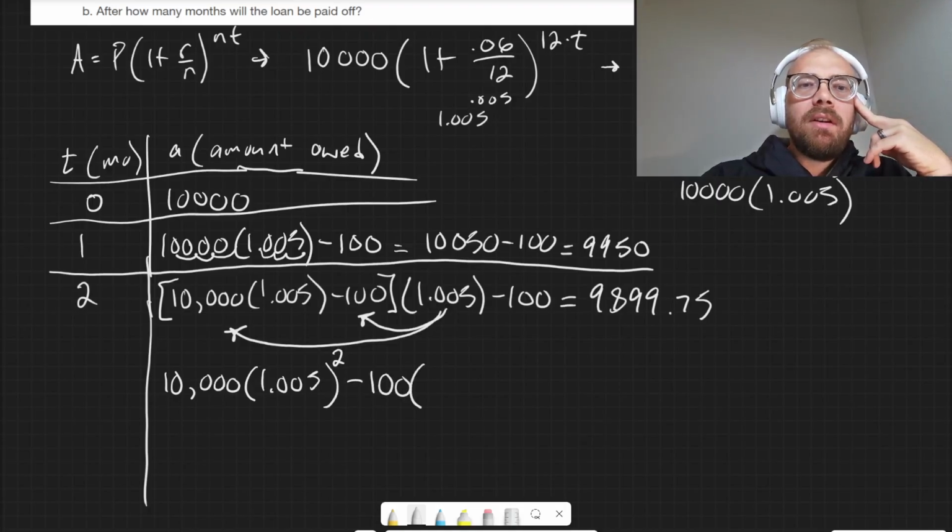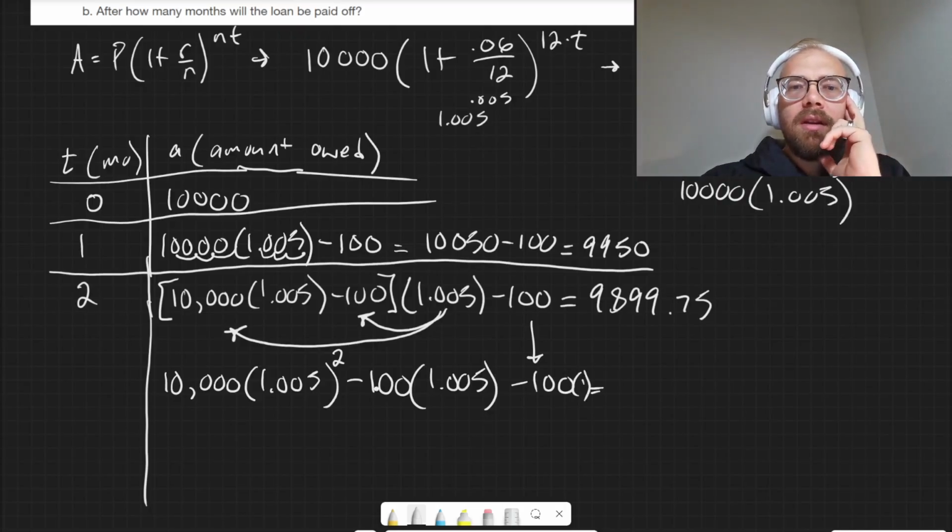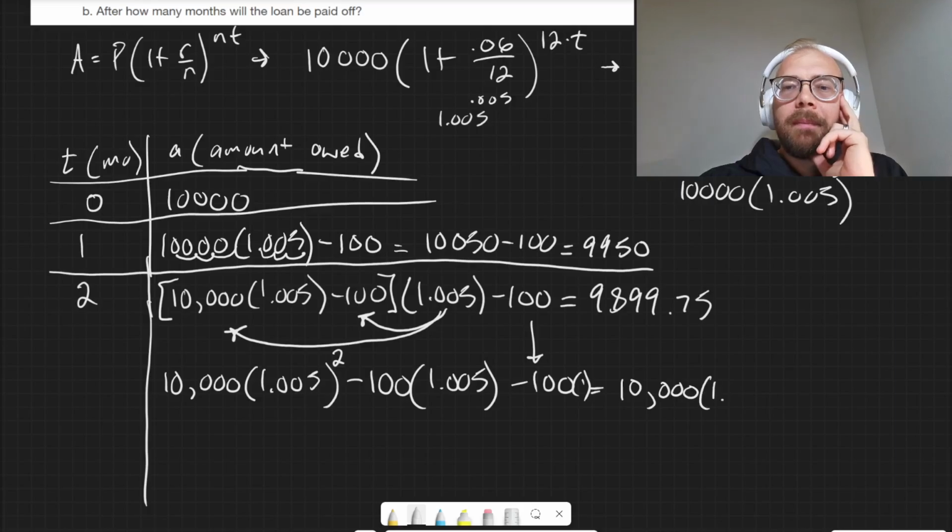Minus 100 1.005 minus 100 from right there, right? Okay, well, what is that? Well, here we've got an extra 100, and here we've got 100. We can consolidate those. So it's 10,000 1.005 squared minus, and then that's 100, and then that's 1.005 minus 1.